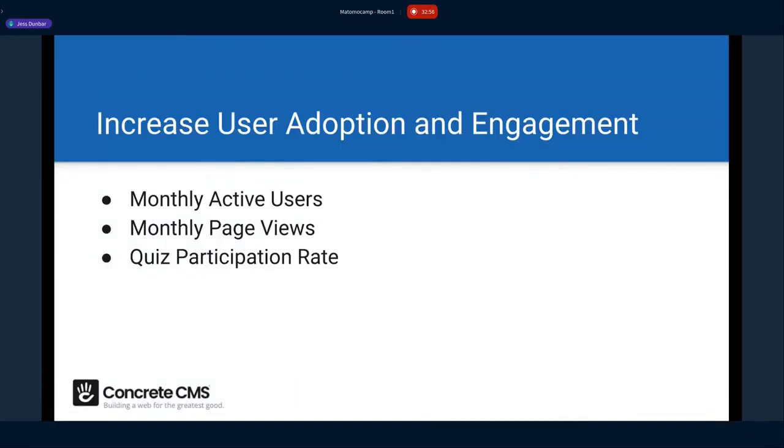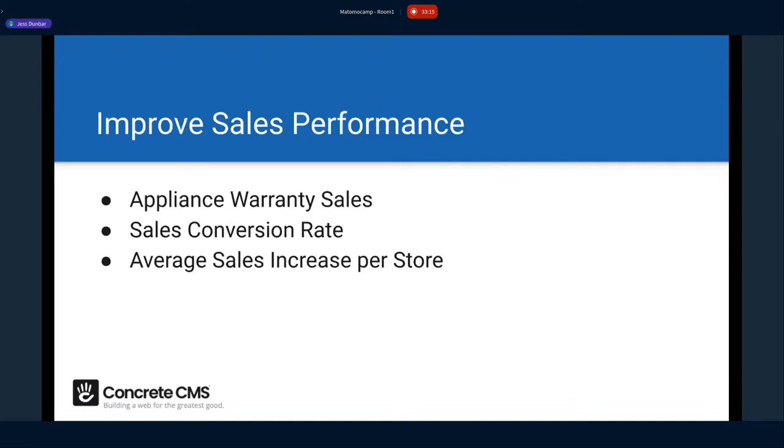So these were some of the metrics that you could absolutely track for user engagement and adoption. There was a quiz at the end of each training that you could take to complete, so that was another metric: quiz participation. Then sales performance, right?